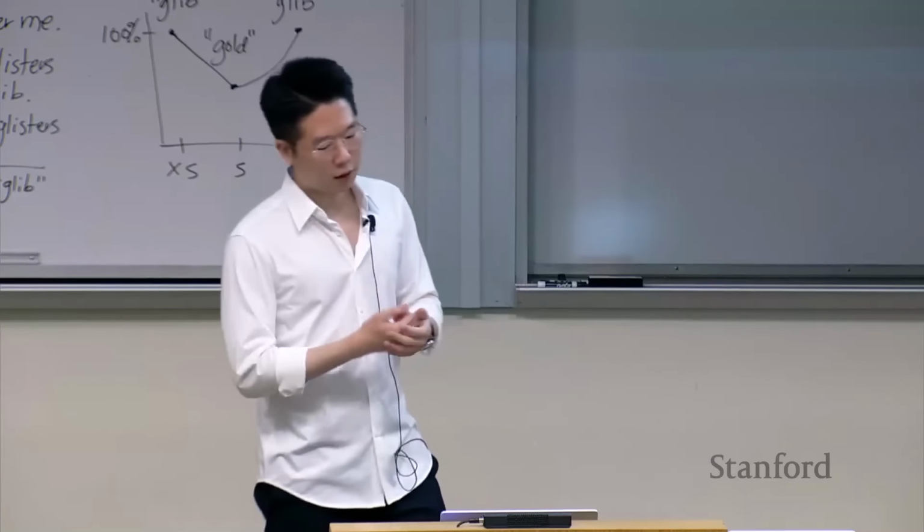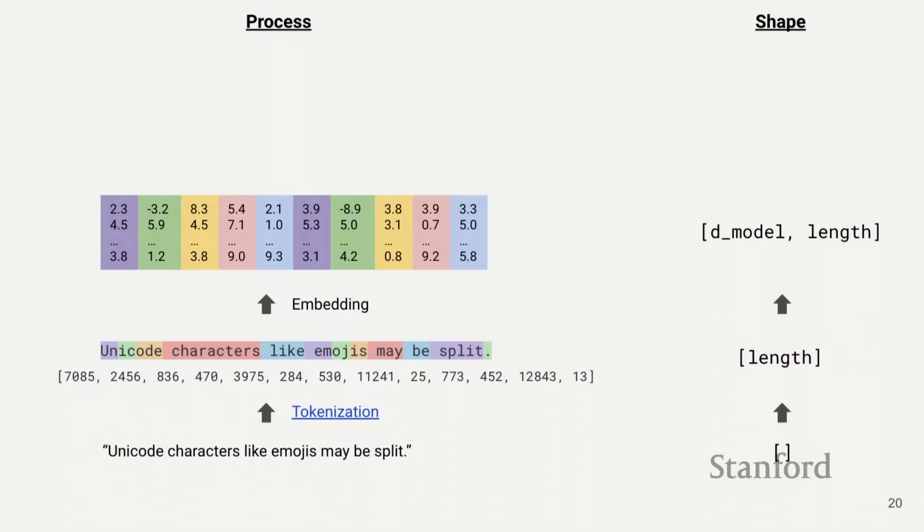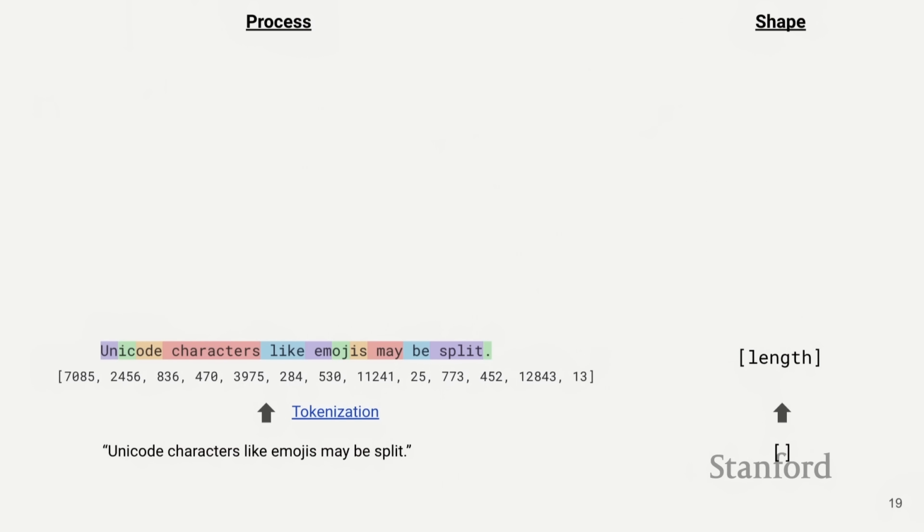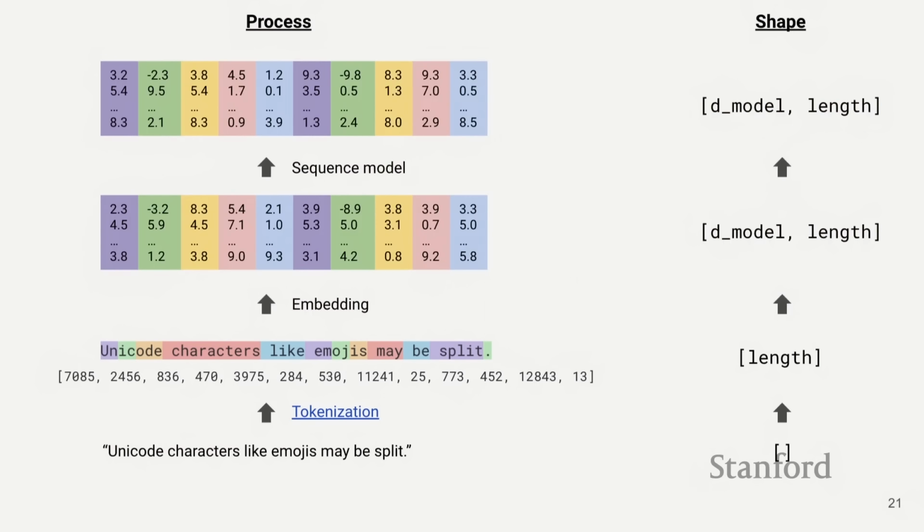Then the dominant paradigm nowadays is to represent each sequence element as a dense vector, because we know how to multiply them well. So we have a sequence of vectors. Finally, this sequence model will model the interaction between sequence elements, and we do that by letting them take the dot product of each other. If the dot product is high, we can say semantically they are more related than when the dot product is low. That's the sequence model. And the transformer is a particular type of sequence model that uses what's called attention to model this interaction.